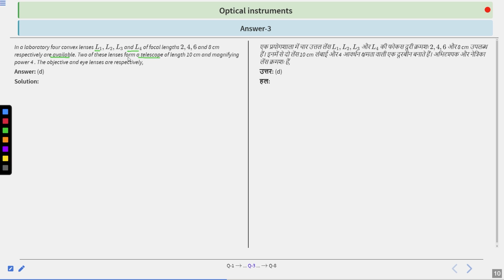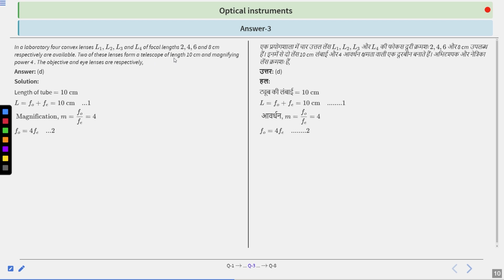A telescope consists of two lenses: the first is the objective, the second is the eyepiece. The length is 10 centimeter, and magnifying power M is 4. The question asks which is the objective and which is the eye lens.